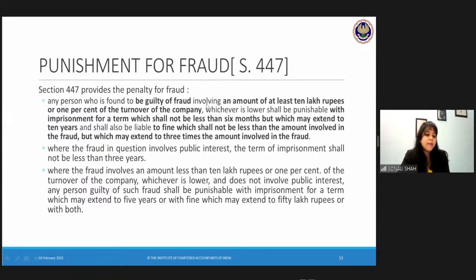Lalita is asking me, ma'am, if a misstatement is there in the prospectus without any knowledge and no intention, then will section 447 apply? Well, section 447 will apply if the prospectus has been authorized by that person and his signature is there.